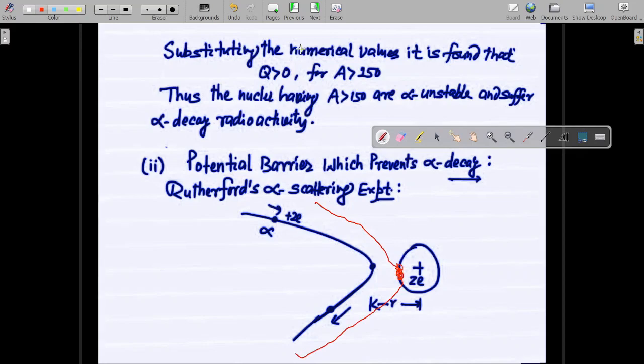So where the alpha particle collides and reverts back depends on its kinetic energy. The more the kinetic energy or velocity of the alpha particle, the nearer it comes to the nucleus.